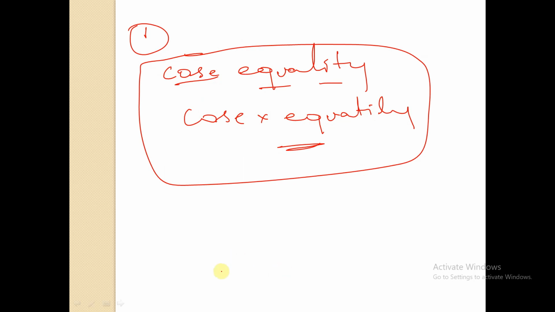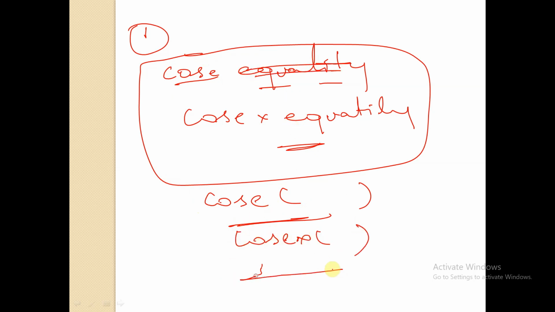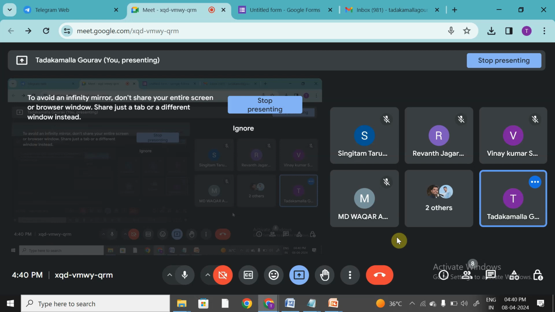So basically, what is the difference between the case statement and the case X statement? This is the question. What is the difference between these two? Any answers? Take your time.